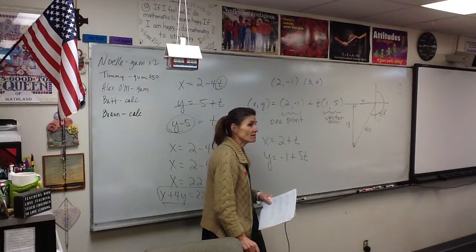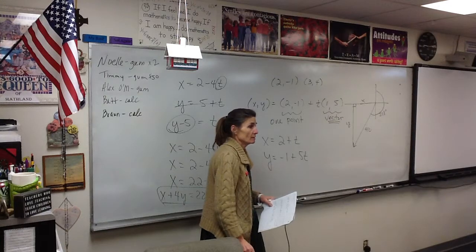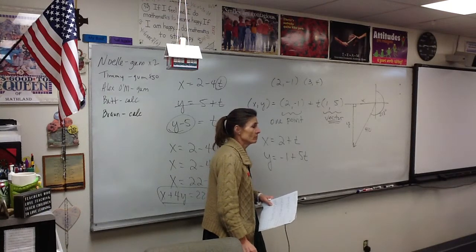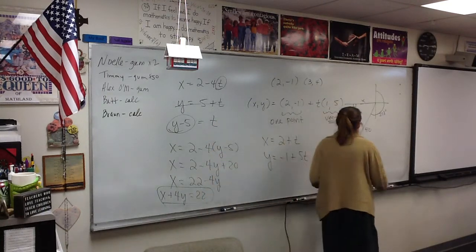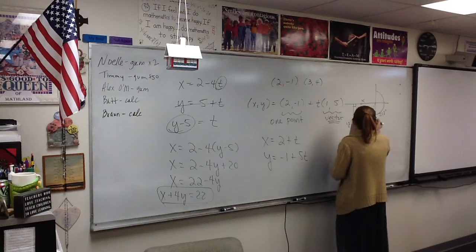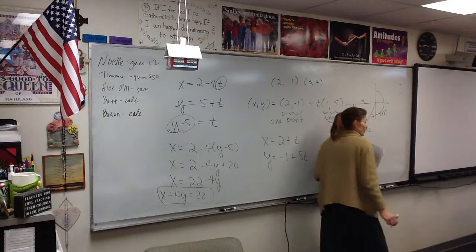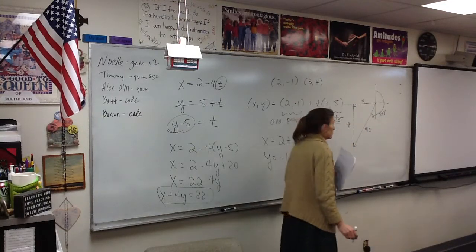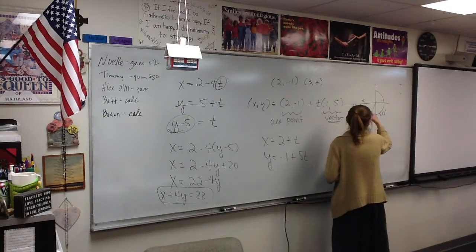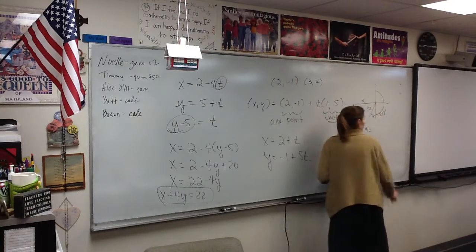Now you can't find those unless you know your angle. I heard somebody say 38 degrees. This would be 38. I agree with that, but that's not the one I want. I want this one, and it would have to then be 52.